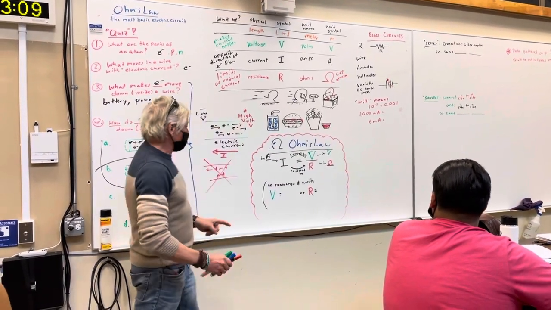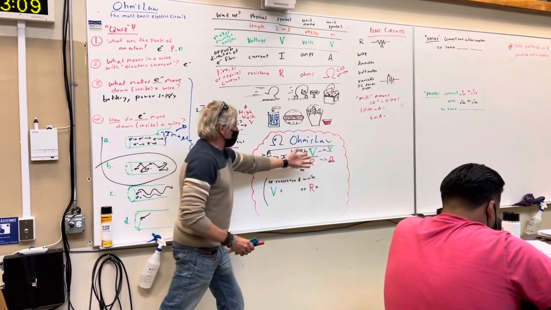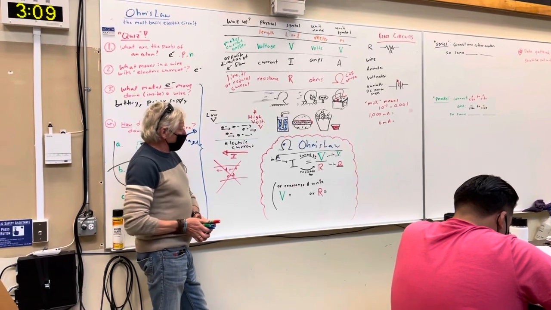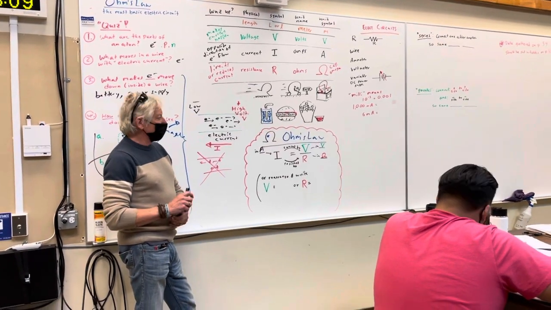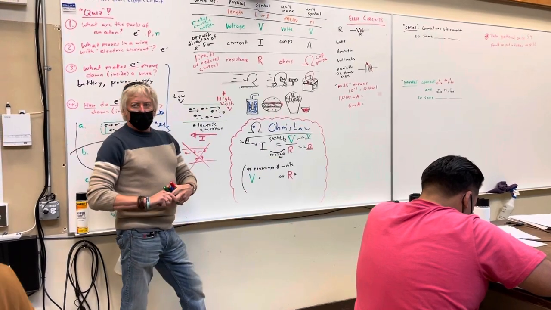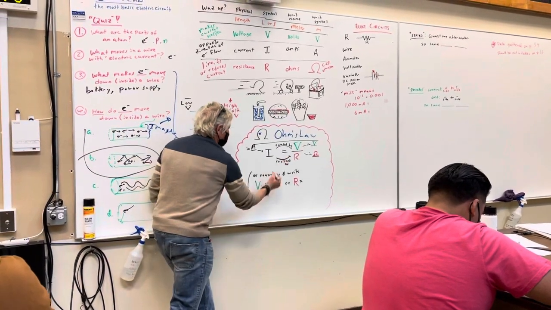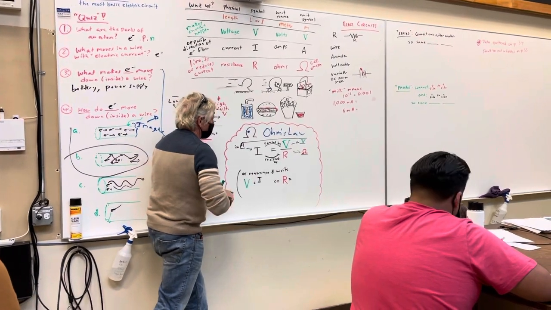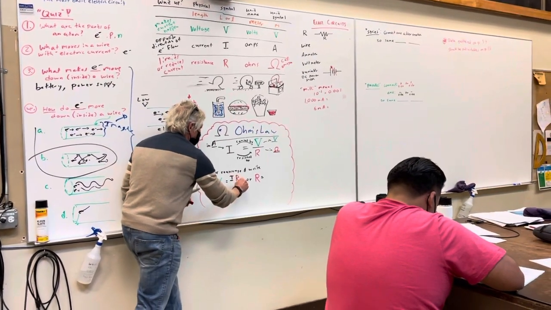Now check this out. If I rearrange this, what's V equal to? If I just rearrange that equation, solve for V, what's it equal to? I times R, right? And if I rearrange it, what's R equal to?